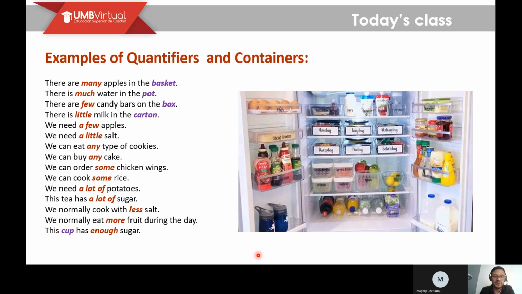There are few candy bars in the box. There is little milk in the carton. We need a few apples. We need a little salt. We can eat any types of cookies. We can buy any cake and things like that.